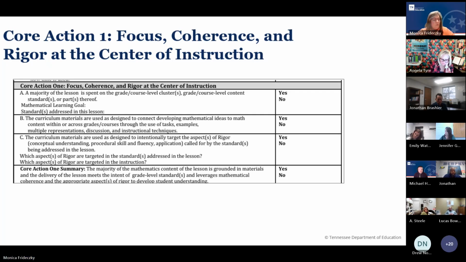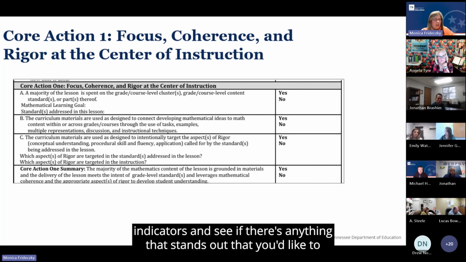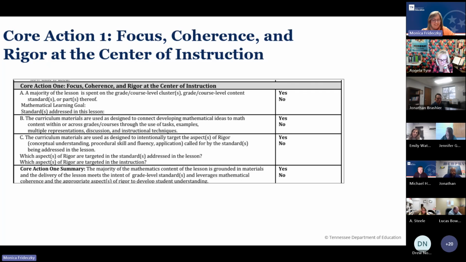I'm going to set the timer for a minute and let you read through those 3 indicators and see if there's anything that stands out that you'd like to highlight or if you have any questions. I'll set the timer.